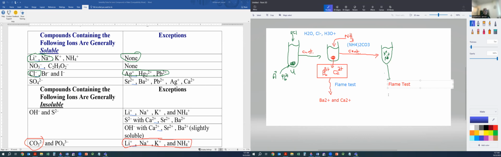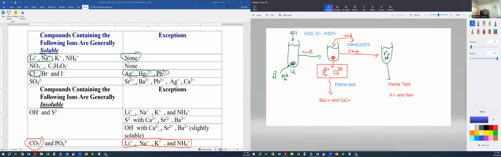And that will let me distinguish between potassium and sodium. That's the logic behind the thinking here.